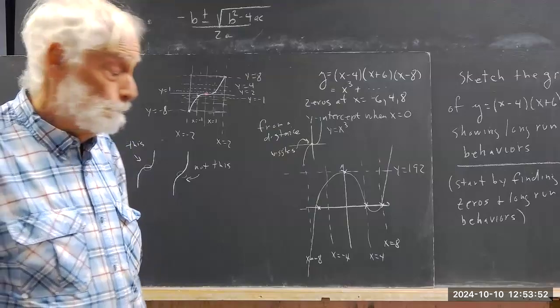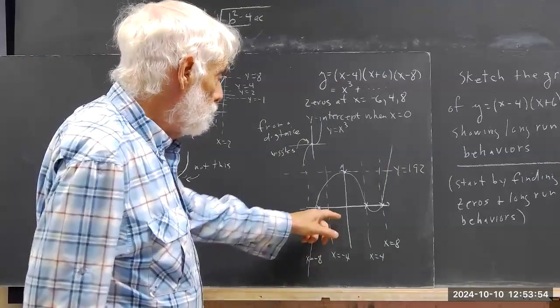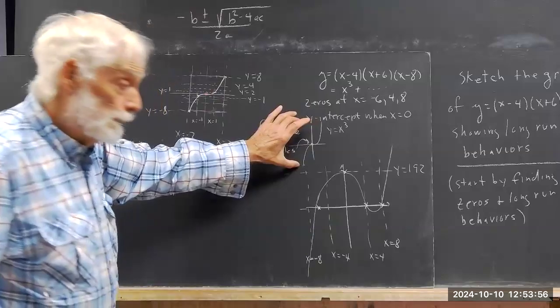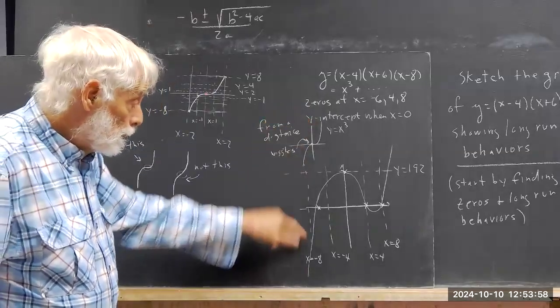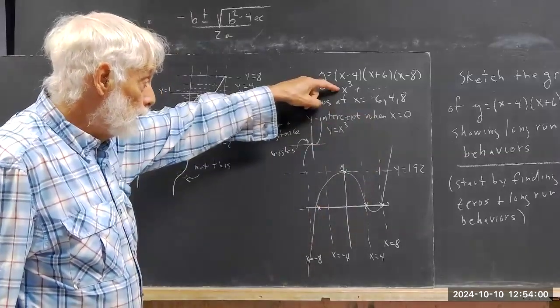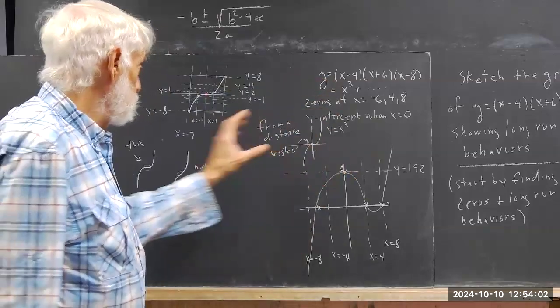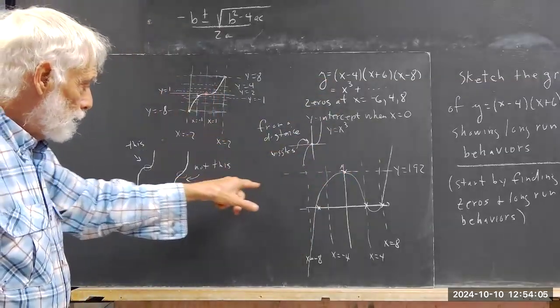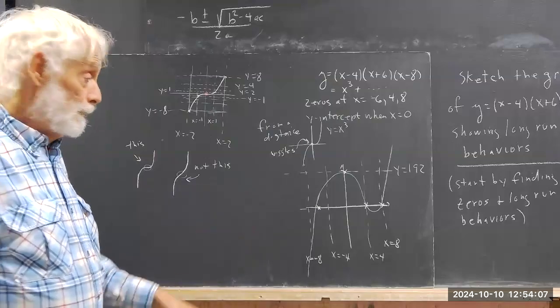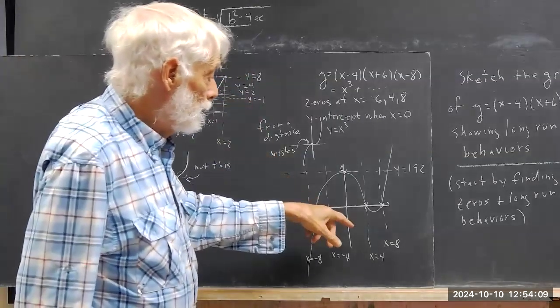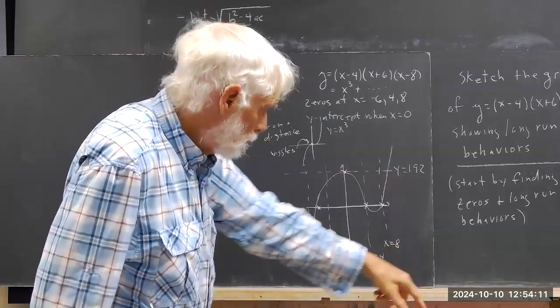Okay? So you kind of focus on the wiggles, but you know what it is outside the wiggles. So you know that it comes up from here and goes up to here. Now, if it's a negative x cubed, well, you'd have to reflect this thing and it'd come down like this and down like this, right? And it'd come down from here and then it'd go down over here.